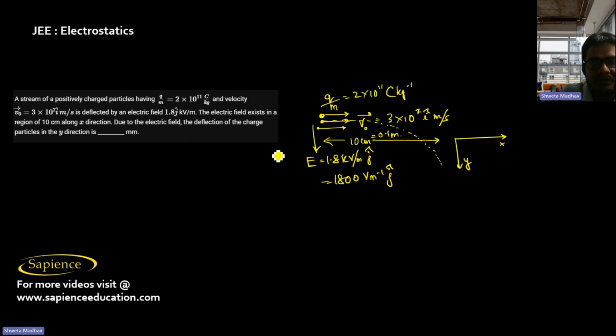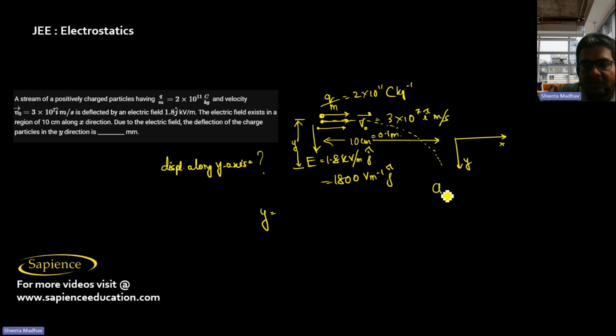Then due to the electric field, there is deflection of the charged particles in the y direction. So along the y-axis, what is their displacement? Their displacement along the y-axis, that only I have to find out. Since along the y-axis only the acceleration is acting, acceleration along y is QE by m.